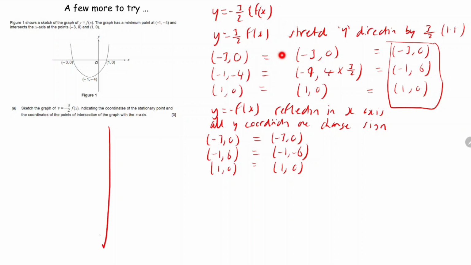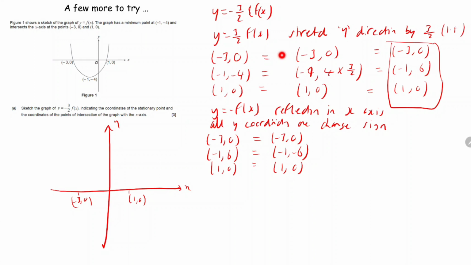So if you were to sketch this graph, we have -3, 0 remained in the same place. We have 1, 0. And we have -1, -6. Oh, hang on, I made a mistake as well. Okay.